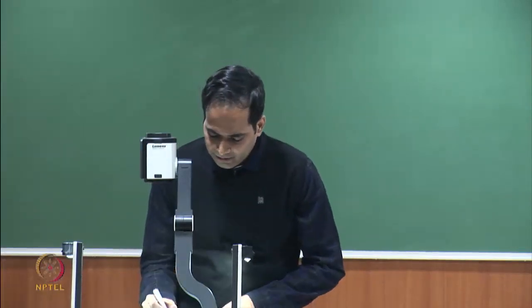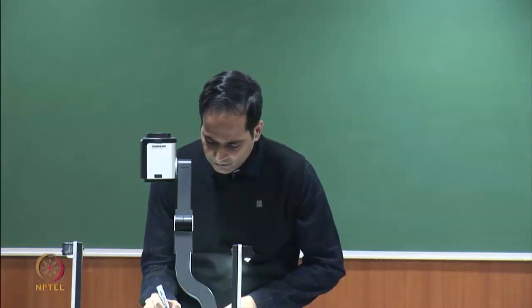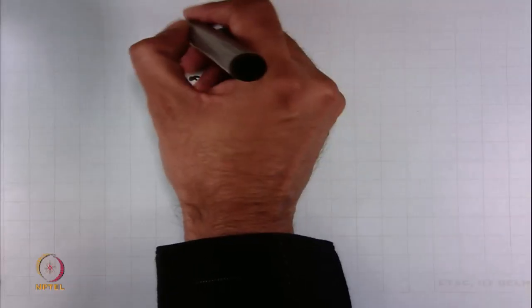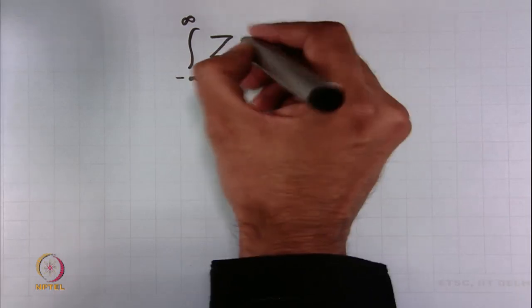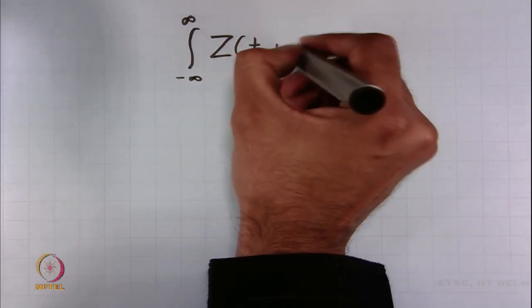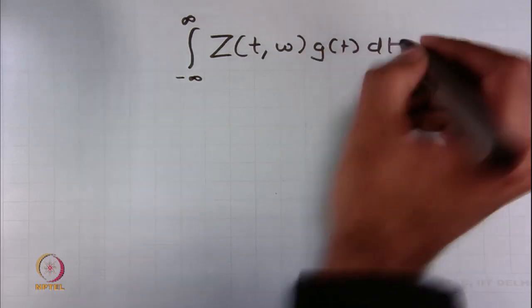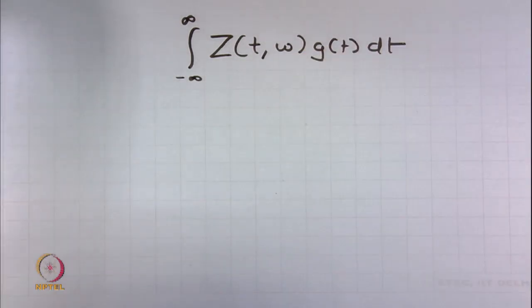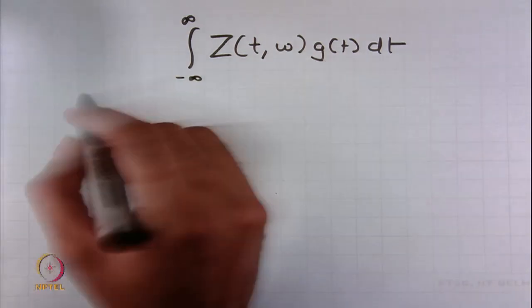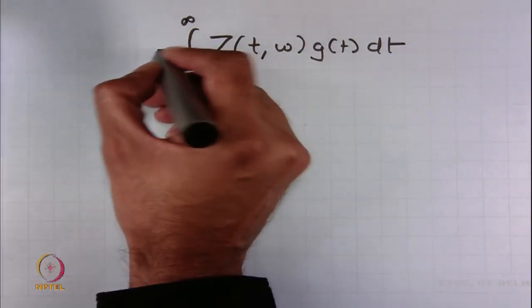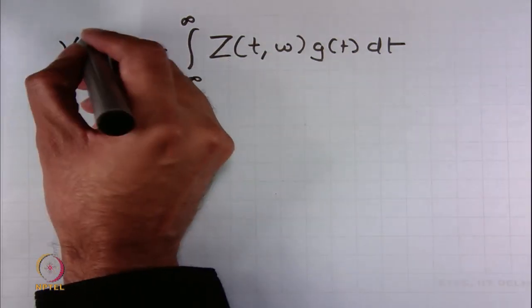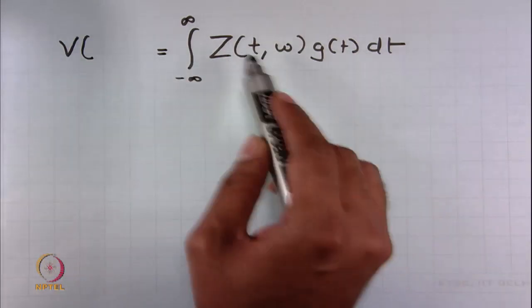So, let me write that inner product again. This is the inner product of the random process with a function g of t. Now, let us look at what this quantity is. This quantity will not be a function of t.